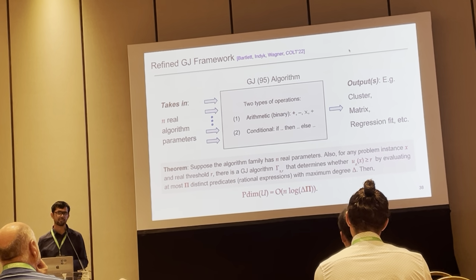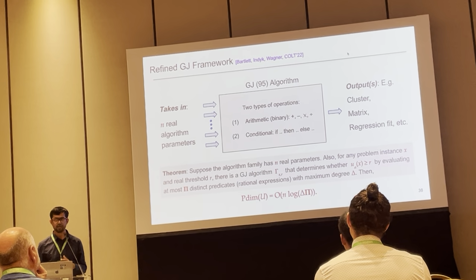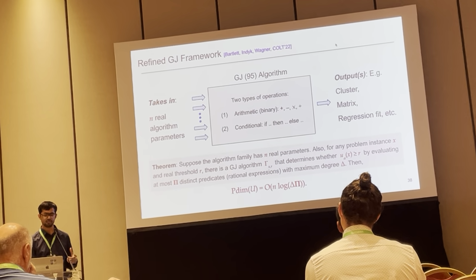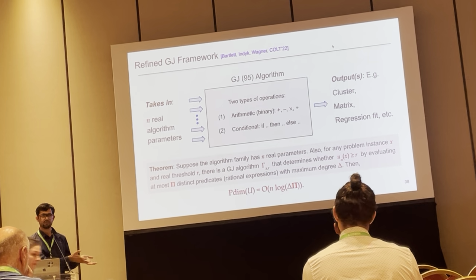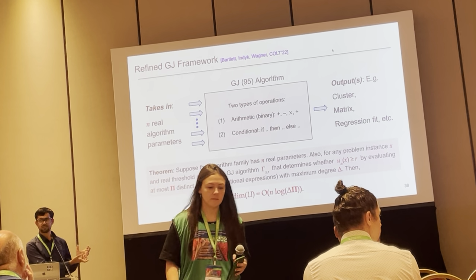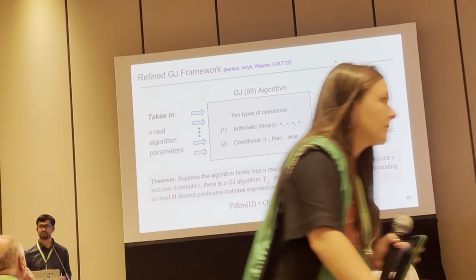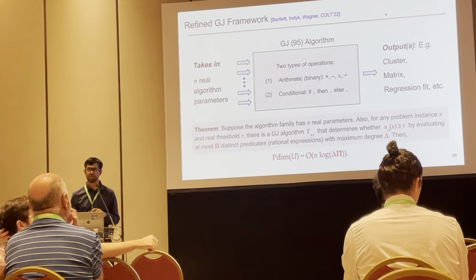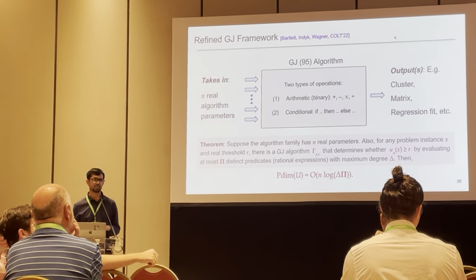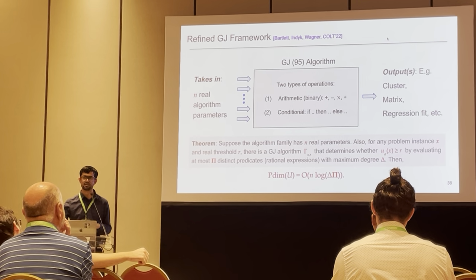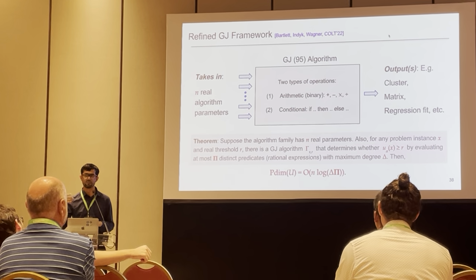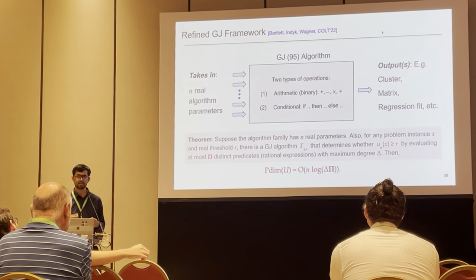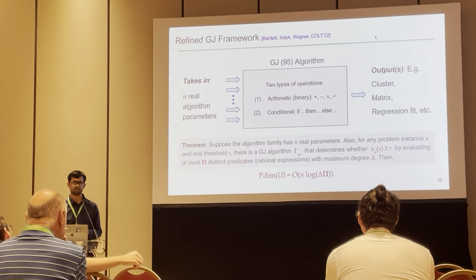Suppose there's an algorithm which does that, and this algorithm evaluates a bunch of expressions and conditions, and we give a bound on the number of different expressions it evaluates during the course of its run, and also the complexity of each expression. All of these are rational expressions, so if we can bound the degree of the quantities that appear in the numerator and denominator, those are the only things that matter in these evaluations.